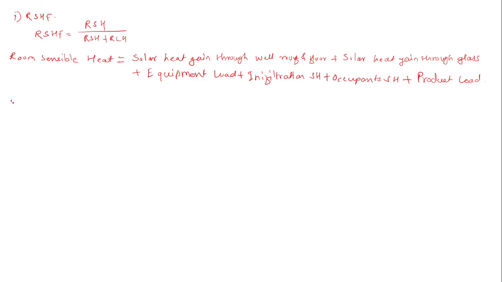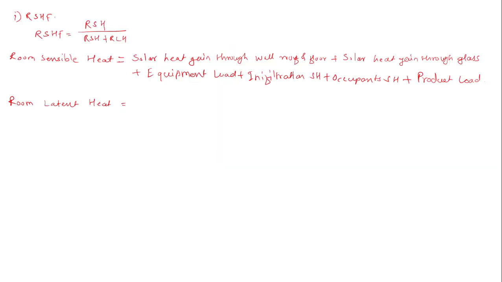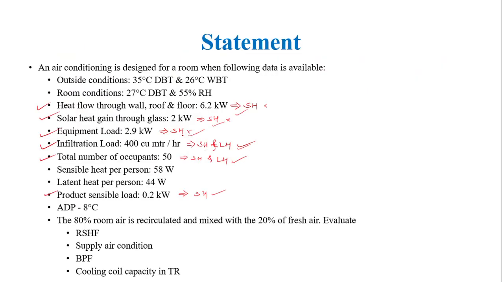Then room latent heat, I am just writing the formula first, then I will go for the calculation. Room latent heat will be equal to, now we'll see what factors come under it. So for room latent heat, solar heat gain through glass won't come, equipment load won't come. Yes, infiltration load, yes, it will come. So I'll write infiltration latent heat, plus then obviously occupants latent heat.